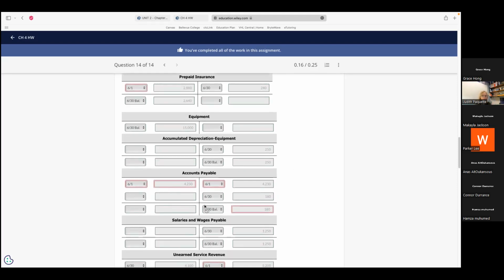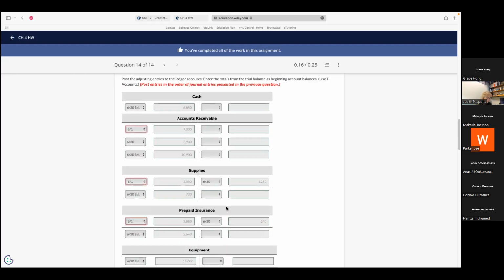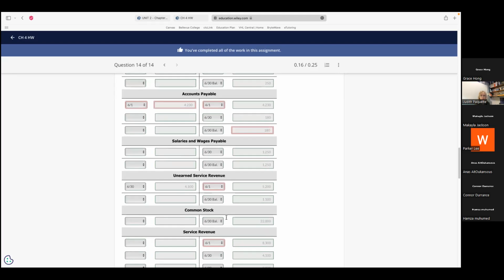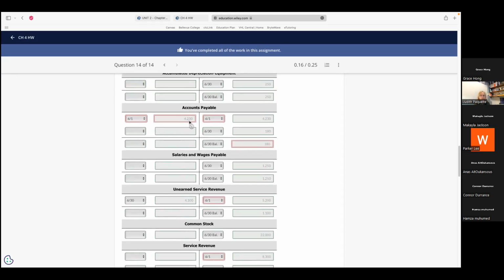Okay, and then so what did I do wrong here on the accounts payable? Accounts payable, yeah. Okay, so you had a beginning balance from your trial balance of 4230. What's the normal balance for accounts payable? A credit. Okay. Looks like you had a debit there. Or maybe it just didn't like the date.